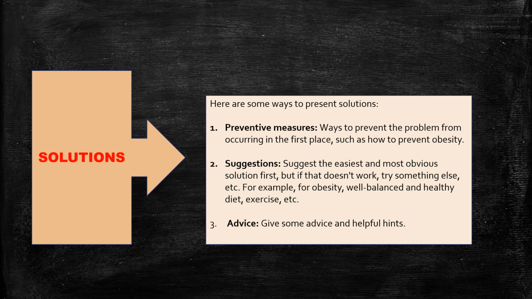For example, how to prevent obesity, how you can stop the problem of obesity, you can suggest. Suggestions are the easiest and it's the most obvious solution. You can give them the solutions like how you can stop a certain problem. And you can give the advice and some helpful hints.